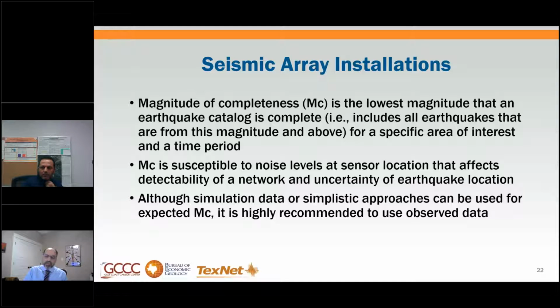For the magnitude of completeness, people sometimes use simulations to identify it, but even if you do so, it is highly recommended to use observed data after you set up your array in order to verify your observed magnitude of completeness. Next slide, please.